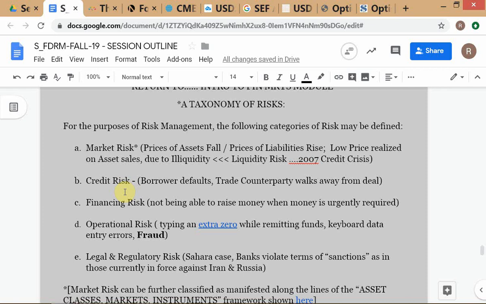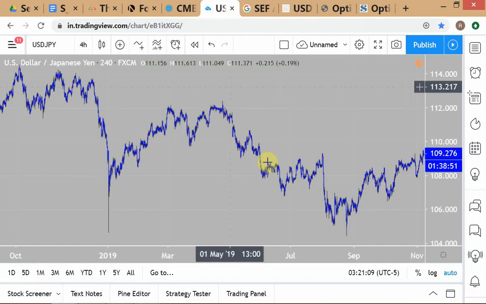Basically, assets which are being actively traded in markets: as prices of assets fall, prices of liabilities rise. That is, if you have a loan in yen, let's say an Indian company has a loan in yen, which has a certain rupee value at the point of time when you take the loan. Let's talk about a US company.